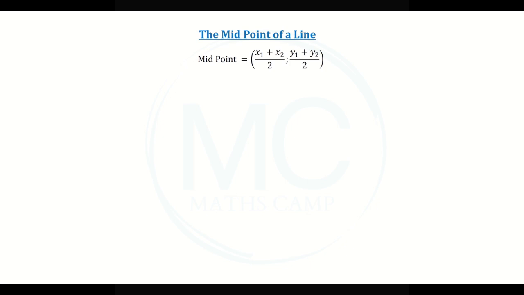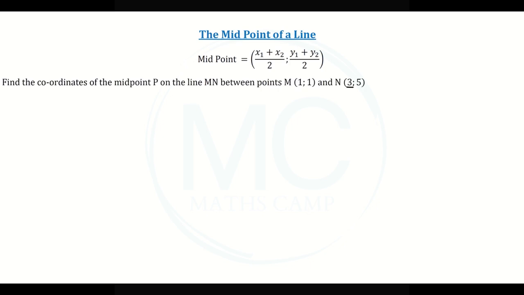Let's look at some examples. Find the coordinates of the midpoint P on the line MN between points M(1, 1) and N(3, 5). Our midpoint is P, so we can say P is equal to, let's say that M is our first point and N is our second. Now we can open a bracket.